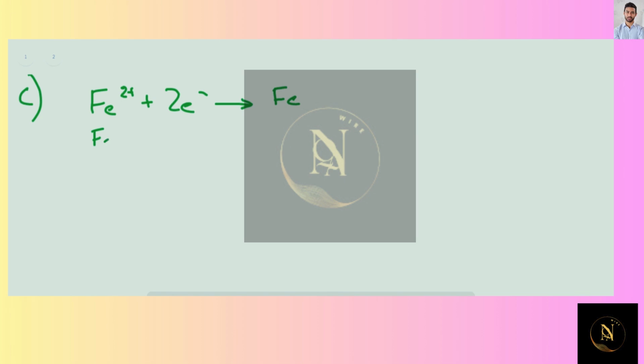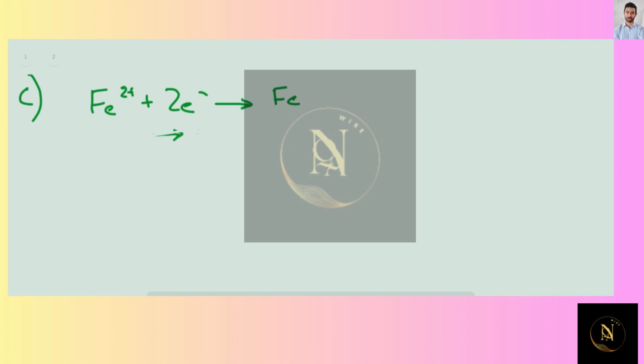And then iron 3 will react to give iron 2, so we want to write it as a reduction, so we want iron 2 to go first.